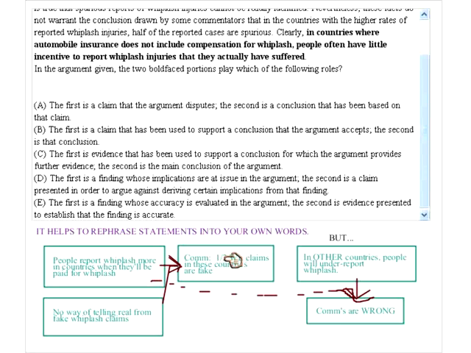Okay, so what are these bold faces? The first bold face is this one right here: people report whiplash more often. And then the second bold face is this one. So that's number 1 boldface, and that's number 2 boldface. Notice number 1 is a boldface that's used in their argument and also in mine.